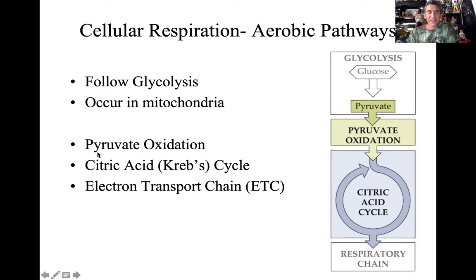So if you can just analyze the name, it gives you an idea of what's happening here, right? So pyruvate oxidation, we're going to oxidize pyruvate. We're going to strip electrons off of pyruvate. Citric acid, maybe not too informative, but cycle. That means we're going to do a lot of steps and we're going to end up back where we started, right? So we start here, we do a lot of things, but we get back where we started there.